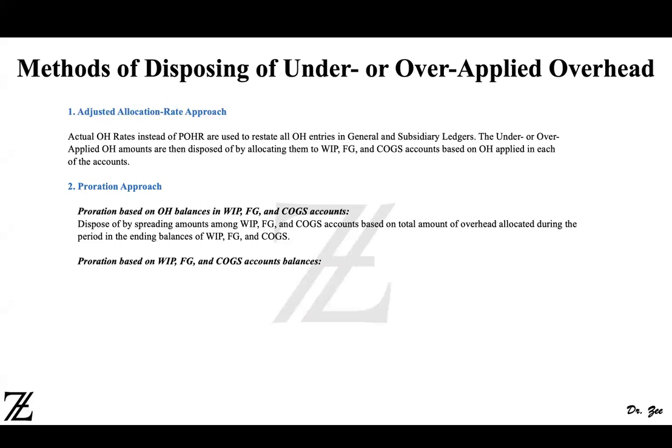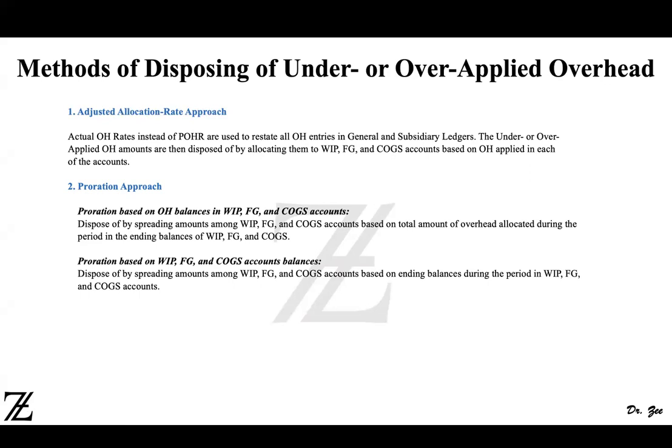The other one is proration based on work in process, finished goods, and cost of goods sold account balances. In this case, when we have overapplied or underapplied overhead, we dispose of it by spreading the amounts among work in process, finished goods, and cost of goods sold accounts based on the ending balances during the period in those accounts.